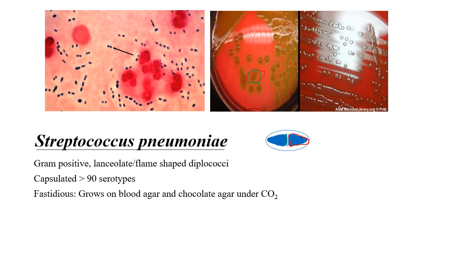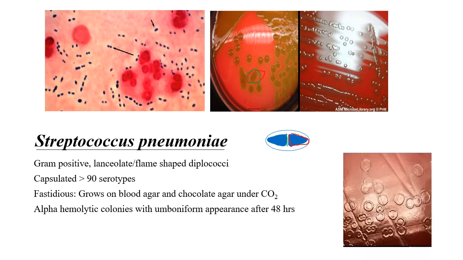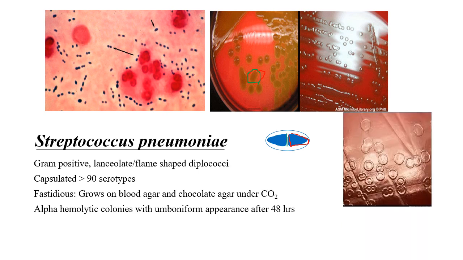And then from the mucoid state, you can see it is becoming flat in the next slide. So alpha hemolytic colonies with umbonate appearance after 48 hours is what you see here. Once it becomes flat after a period of time, you find that there is a complete depression in the center. Can you see there's a depression in the center, and that is an umbonate appearance.